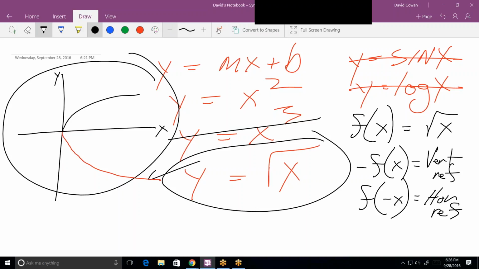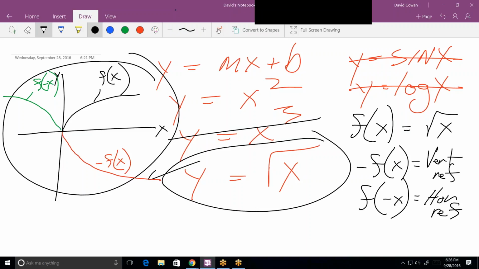So if in green I'm going to reflect the black curve across the y-axis, it looks like that. So this would be f of minus x. In red, I would have minus f of x. And in black, that's just f of x.